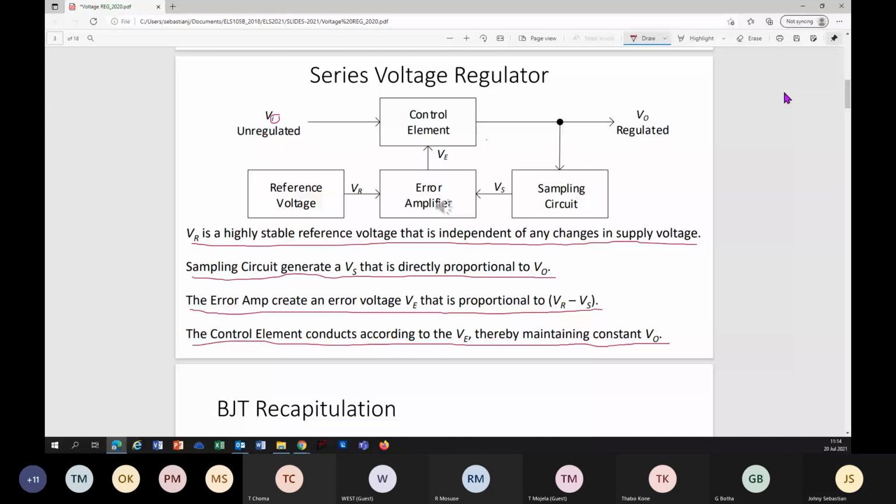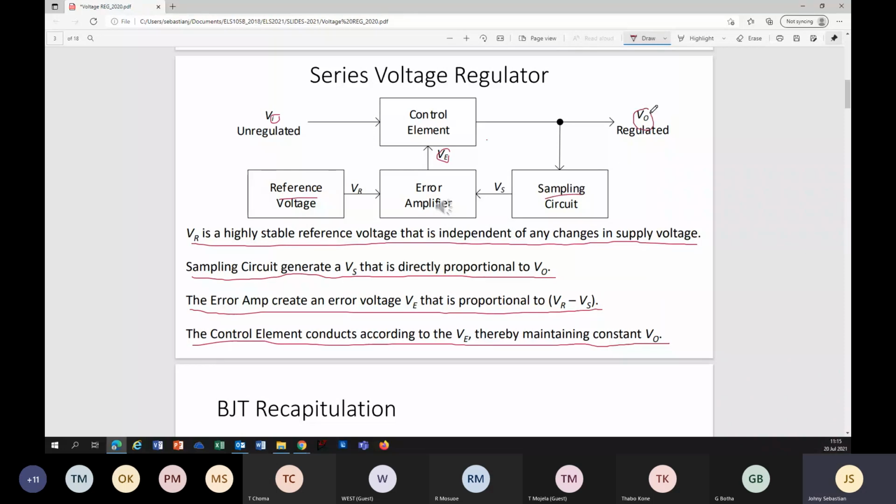Now, what I want all of you to remember is, in a series voltage regulator, there is a control element, and the conductivity of the control element is directly proportional to the error voltage. Reference voltage is constant. Sampling voltage can change with respect to V0.